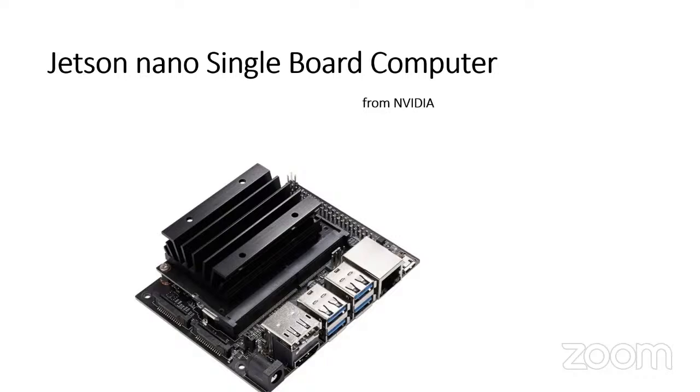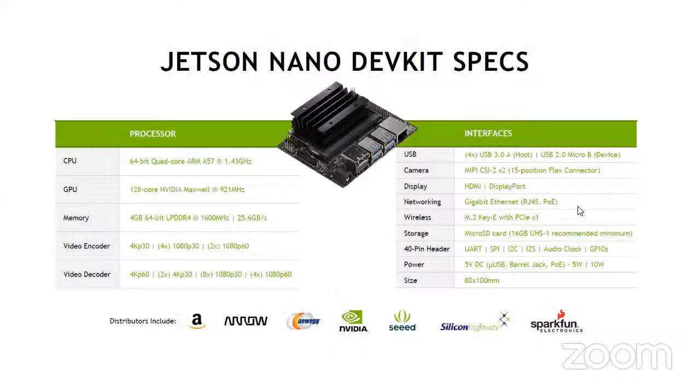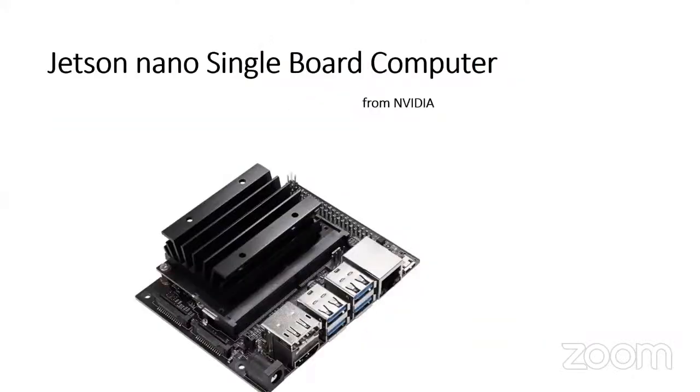It has different peripheral interfaces like I2C, SPI, and UART, and we can use the expansion pin headers here for GPIO programming, like simple input output programming, and all those things.